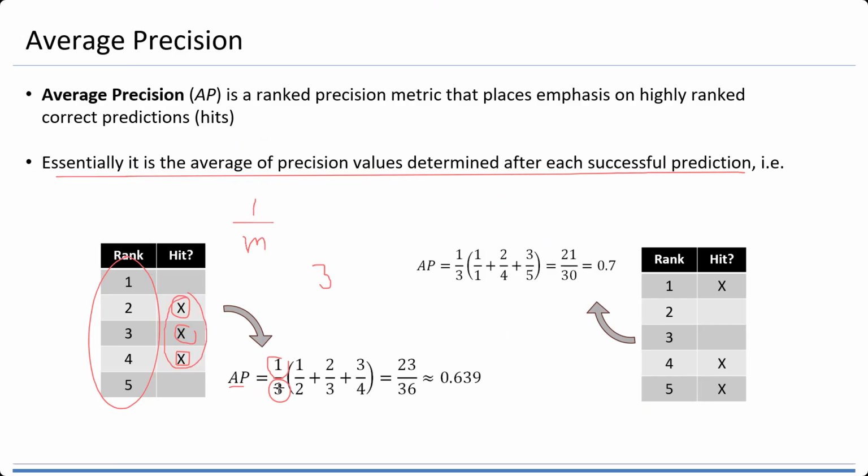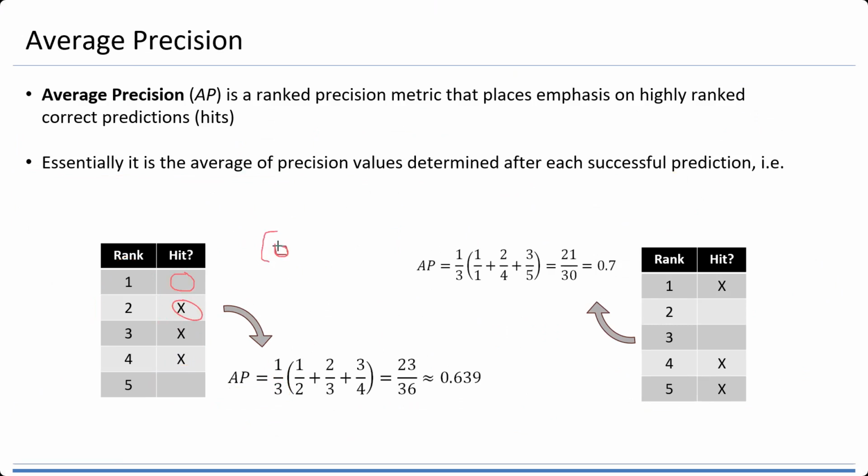Now, at the first position, it is 0. At the second position, out of 2 products, 1 has been hit.